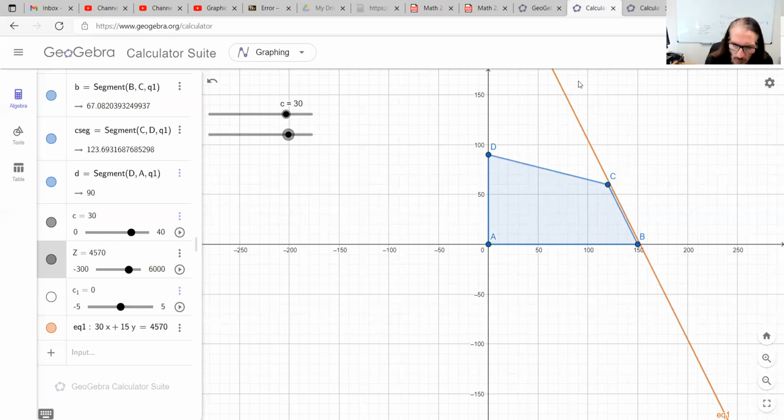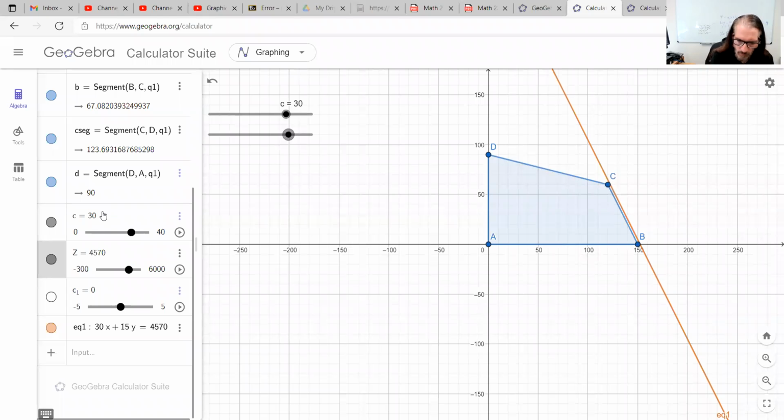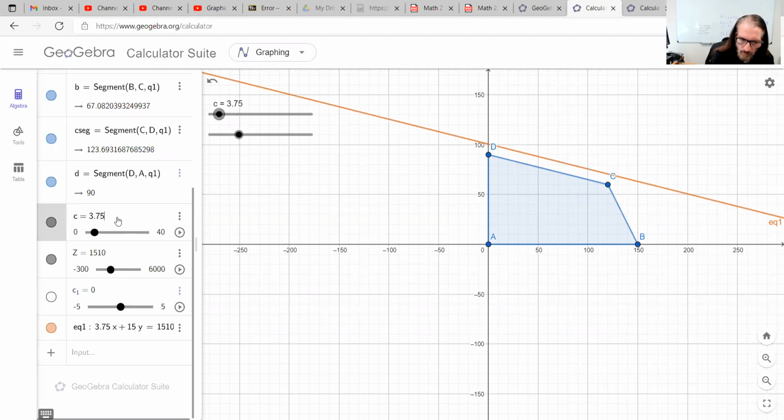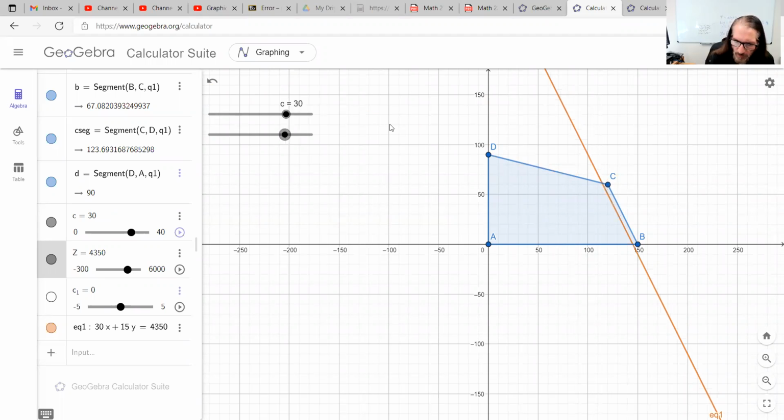Okay, so what that tells us is that it could go as low as 3.75 and intersect this line segment here. In fact, it would be parallel to it, and as high as 30. And of course, 3.75 is less than 30.